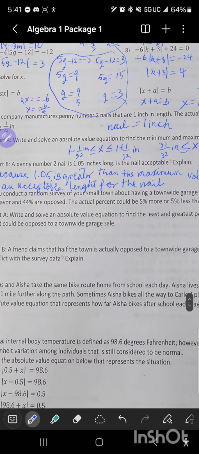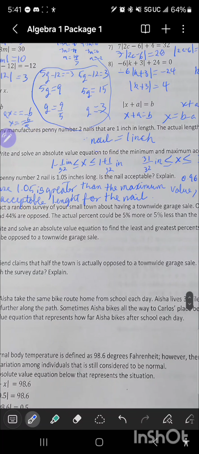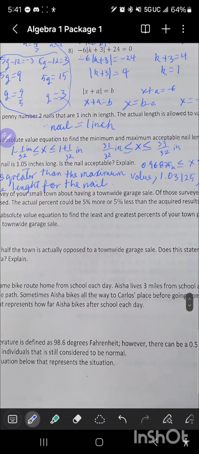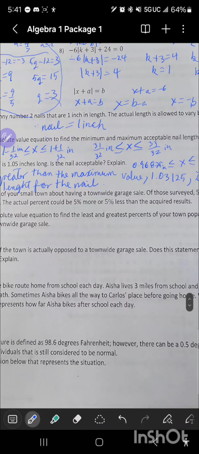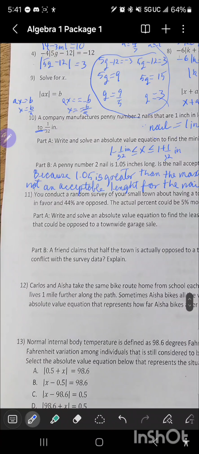The actual percent could be 5 more or 5 less than the acquired results. Write and solve an equation to find the least and greatest percent of your town population that could oppose a town-wide garage sale.